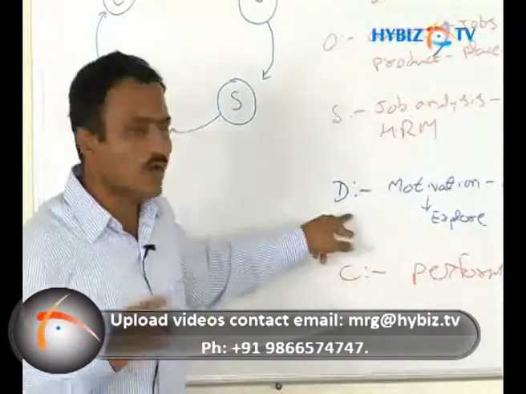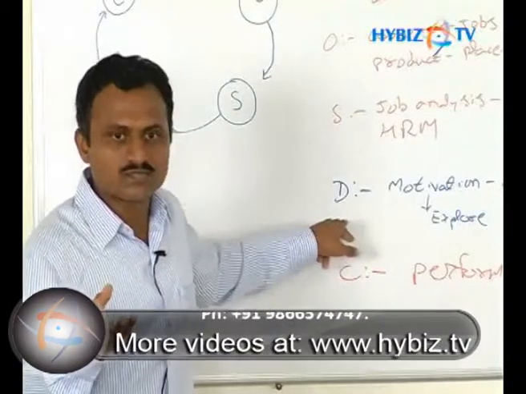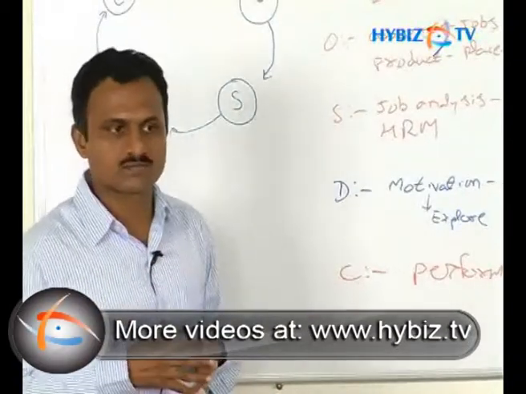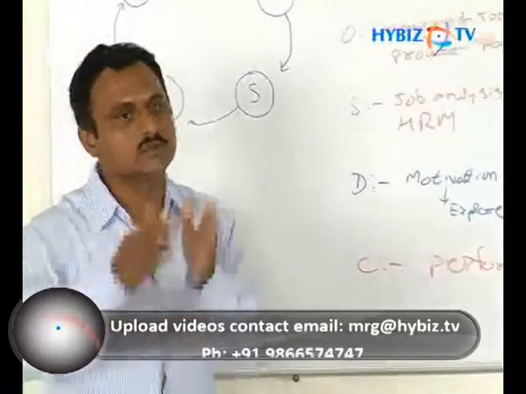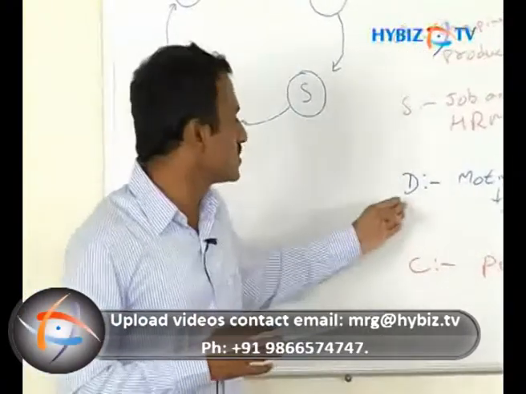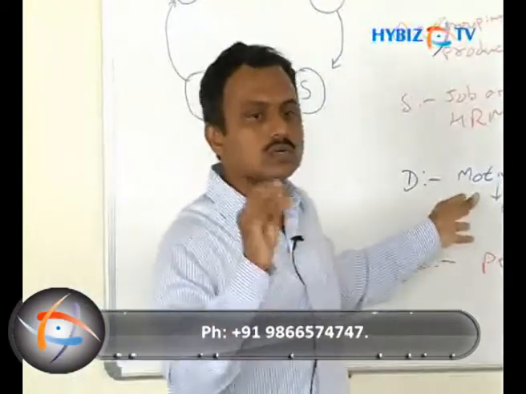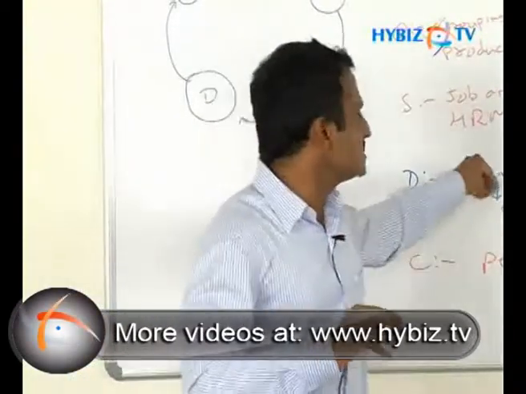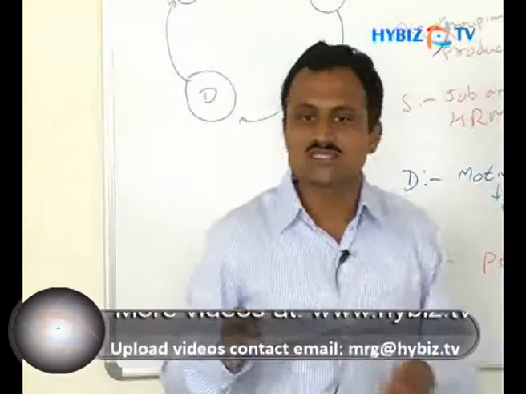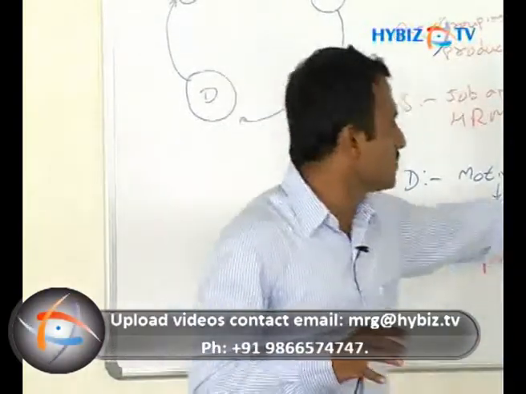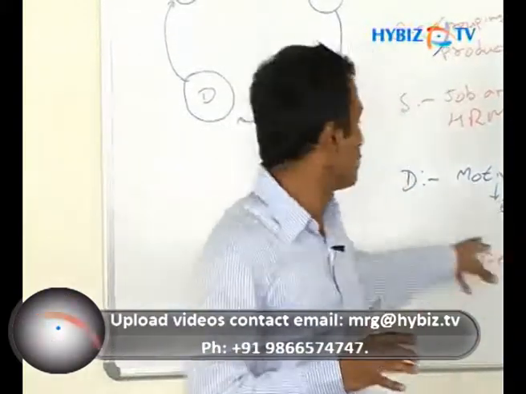After that, we have to guide them in a proper manner. We have to lead them in a proper direction. That is why this process is called directing. In directing, there are two important words: one is motivation, another is commanding.